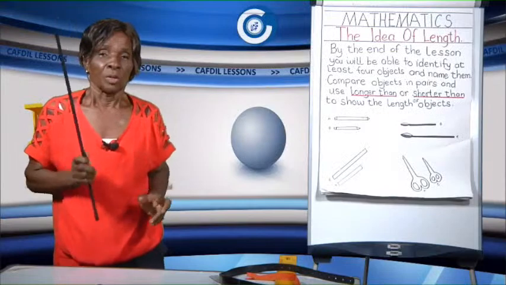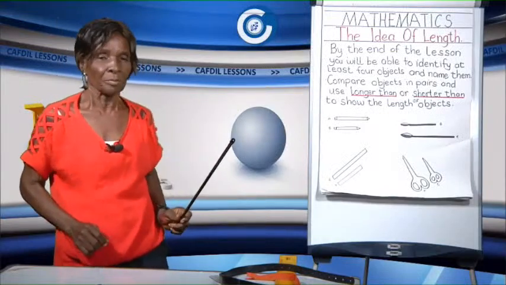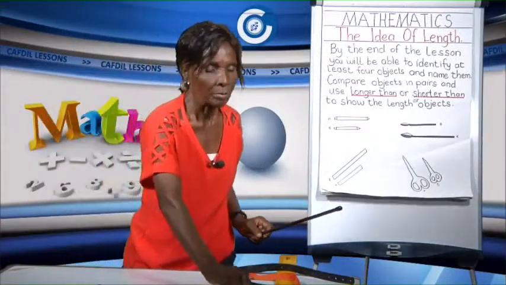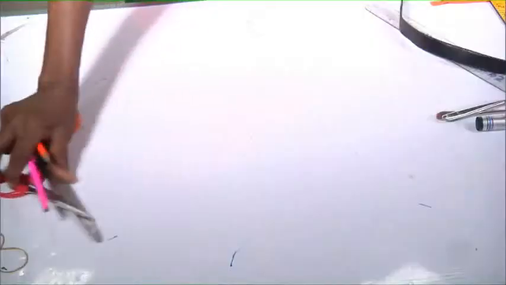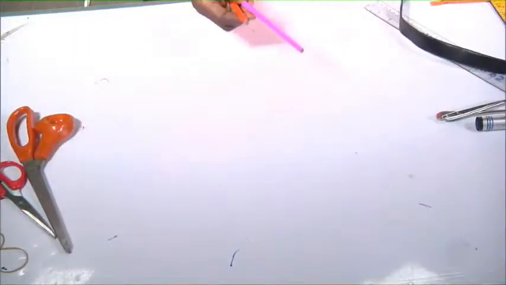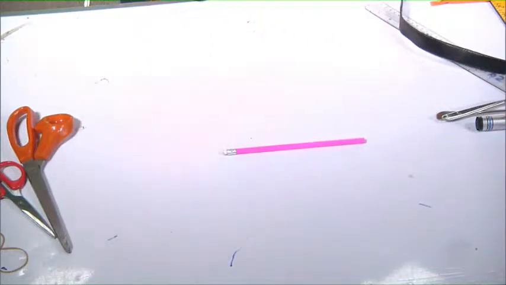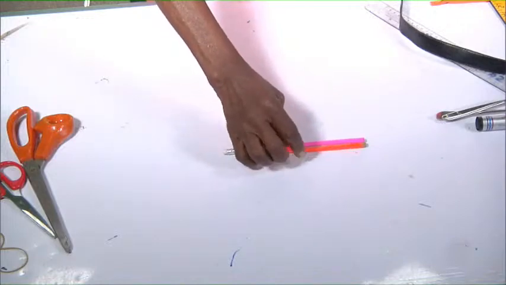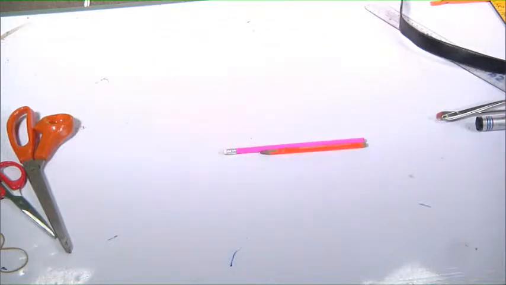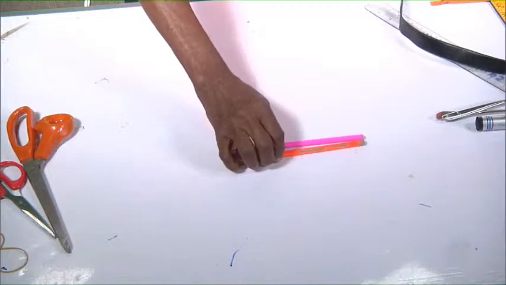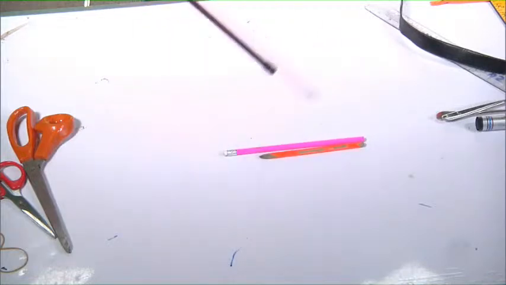Now, let's go to the pencils. What color is this? A pink pencil. And the other one is orange. Okay. Now, look at the pencils and then compare.